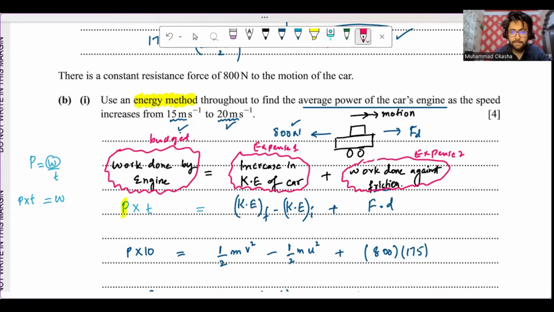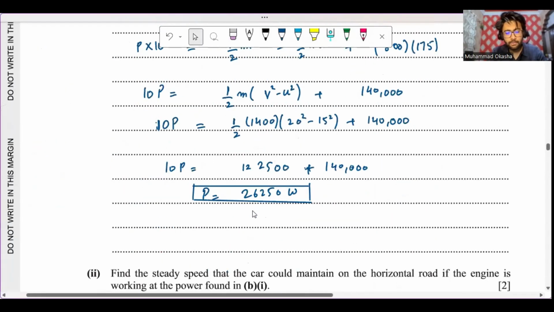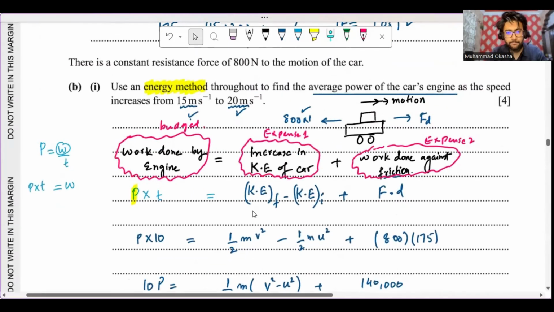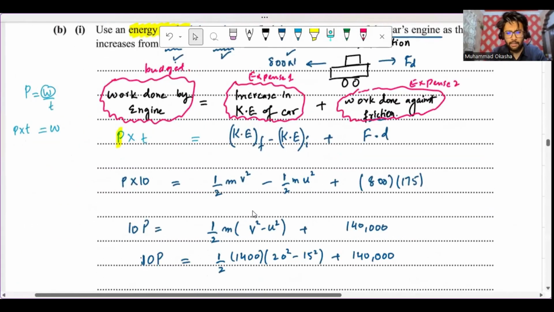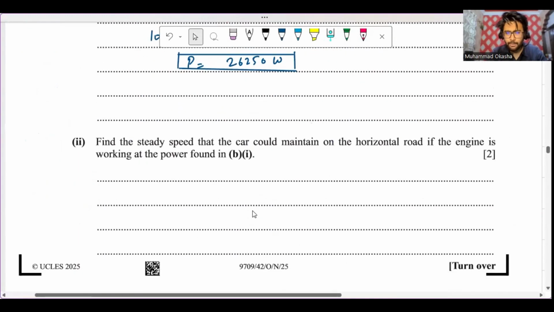And the rest is just maths. We put the numbers into the formula and isolate P, and that's how we got our answer. I hope it makes sense. So that was for 4 marks. Not too bad for 4 marks.